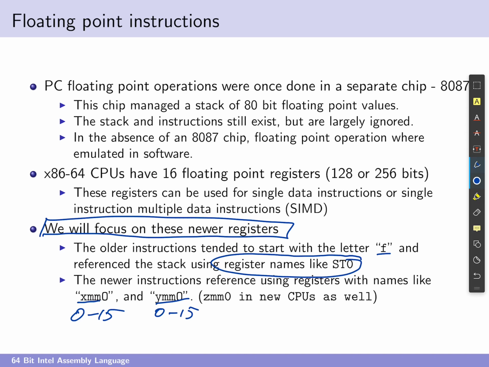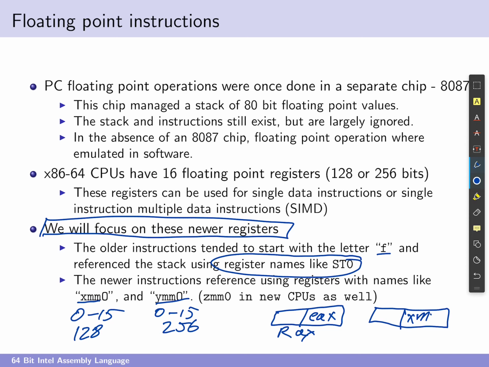Now, what is important to keep in mind here is that this XMM0 is 128 bits, the YMM0 is 256 bits, but in a similar way to which the EAX register was the bottom half of the RAX register, the XMM register is actually the bottom half of the YMM register. So they're actually part of the same register, with the one just being larger.